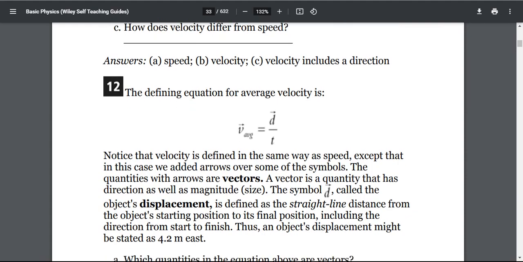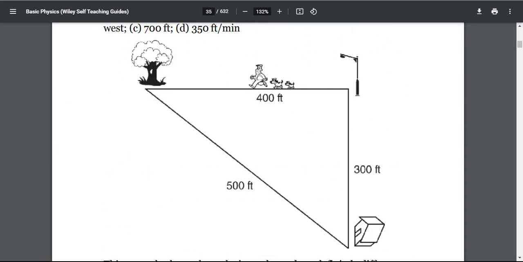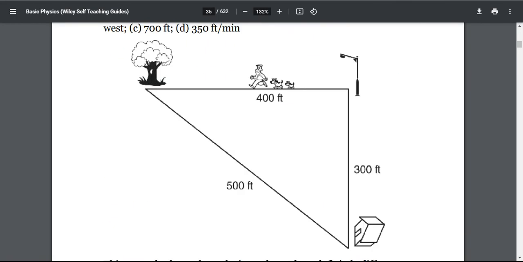So 500 feet divided by 2 minutes, the answer is 250 feet per minute in a direction between north and west.